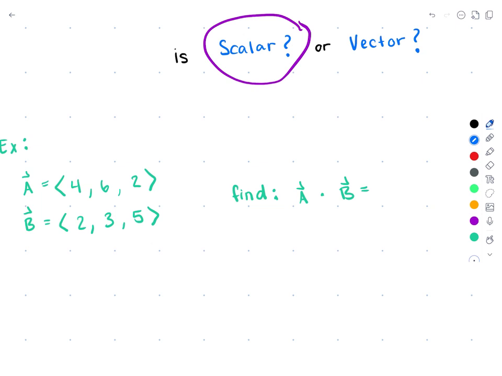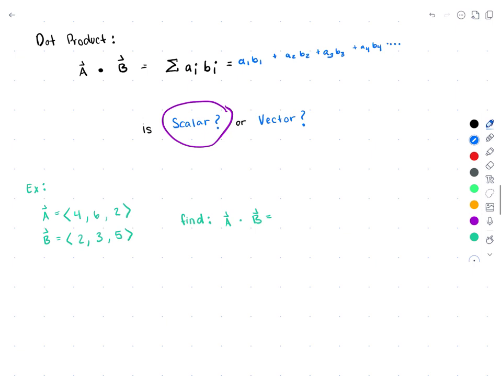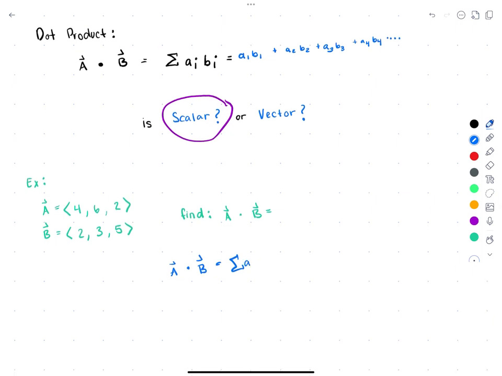Let's find the dot product of A, B. The way that I'm going to solve this is I'm going to follow my definition from up here, and I'm going to take A dot B, and it's going to give me the summation of A_i B_i equals, so our A1 B1 would be 4 times 2 plus 6 times 3 plus 5 times 2.